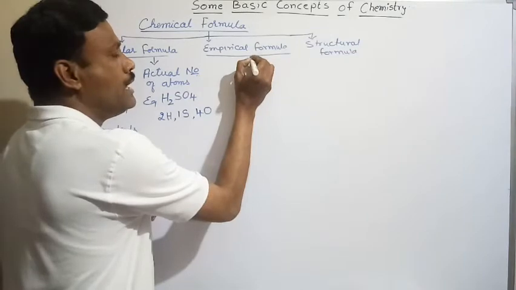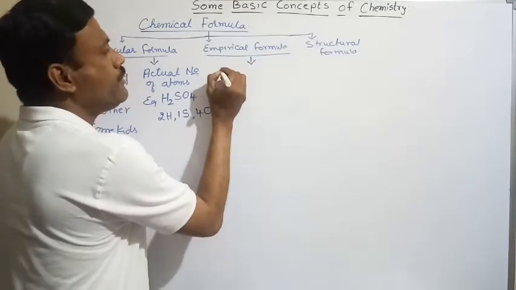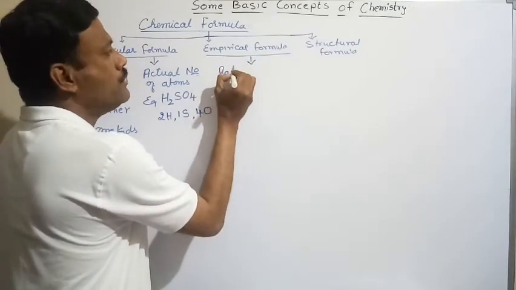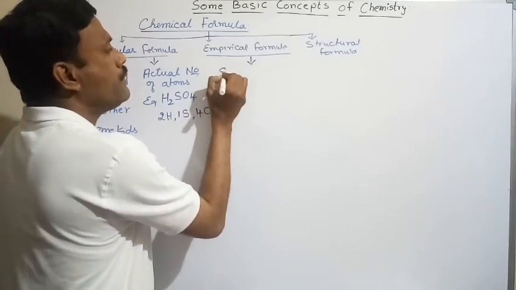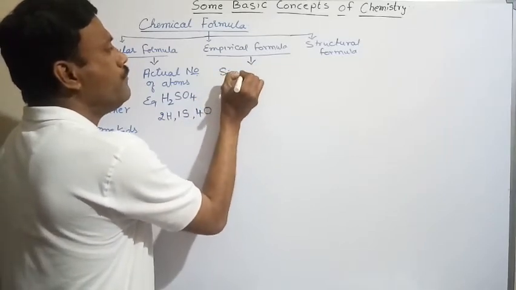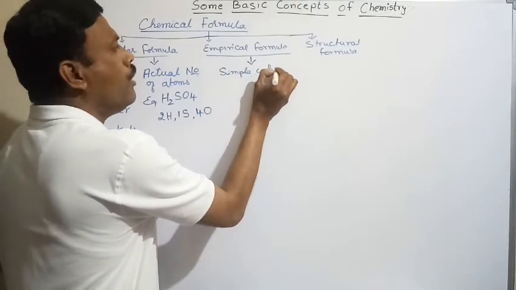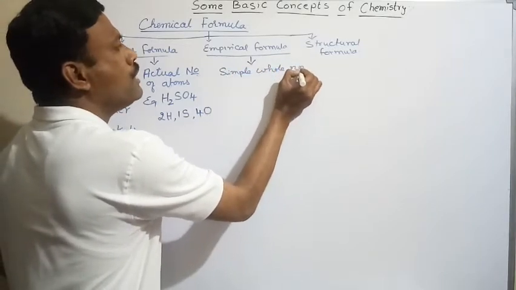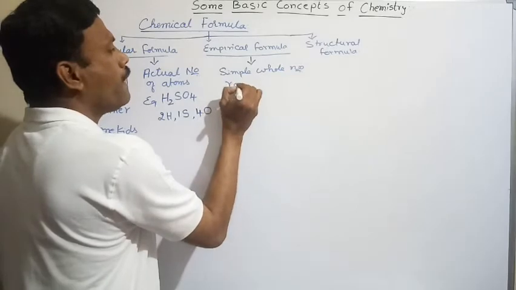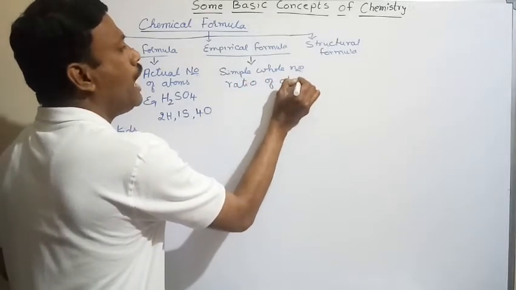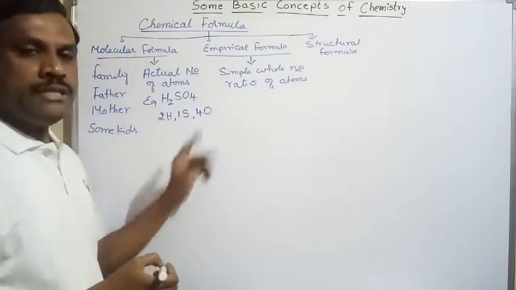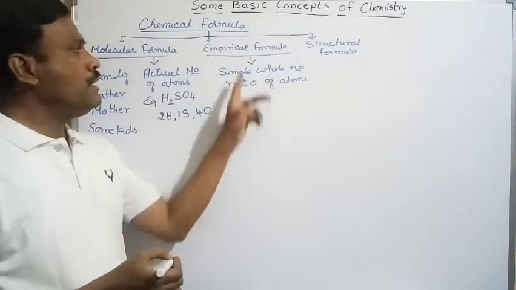Empirical formula gives the information about the ratio. A simple whole number ratio of atoms is the empirical formula.